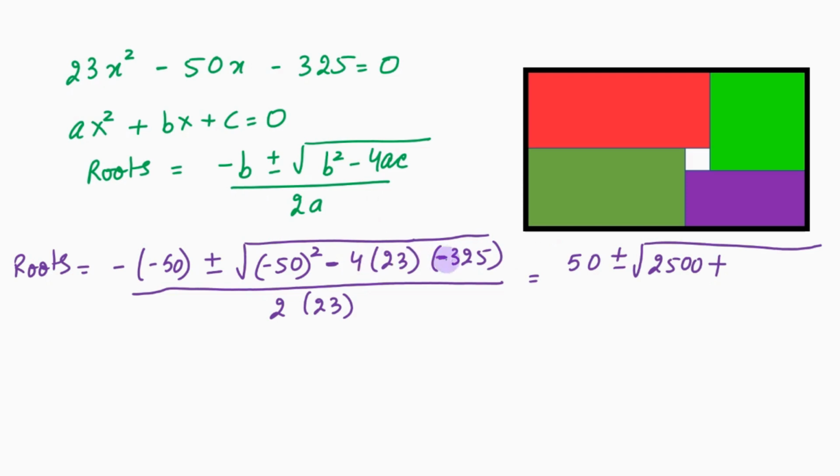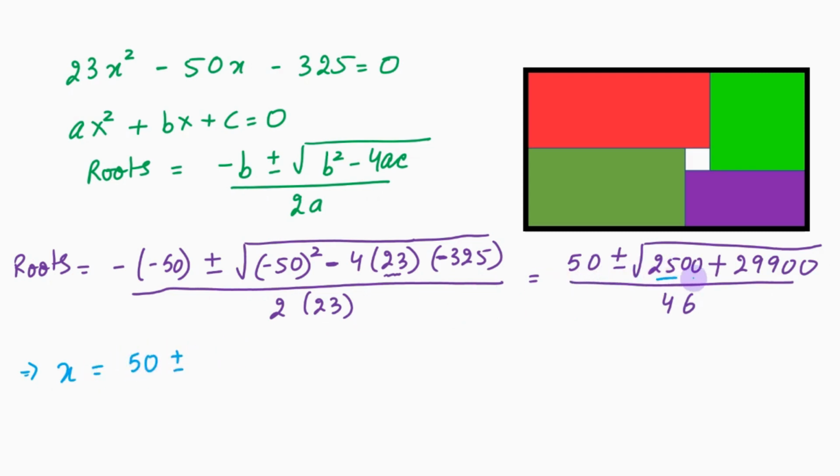So 4 into 325 is actually equal to 1300, and when 1300 is multiplied by this 23, this will give us 29900, and divided by 46.